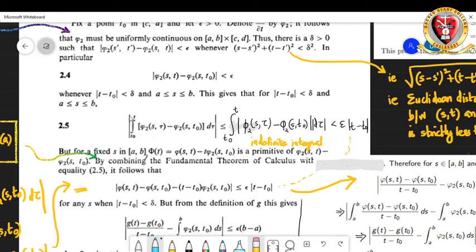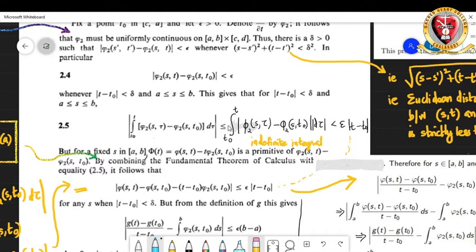That is, we are going to consider modulus of integral from t naught to t of phi 2 of s tau minus phi 2 of s t naught d tau. Okay, we are going to integrate it. So the limits are t naught to t. In order to make it less confusing, instead of t we are going to rewrite it as tau.